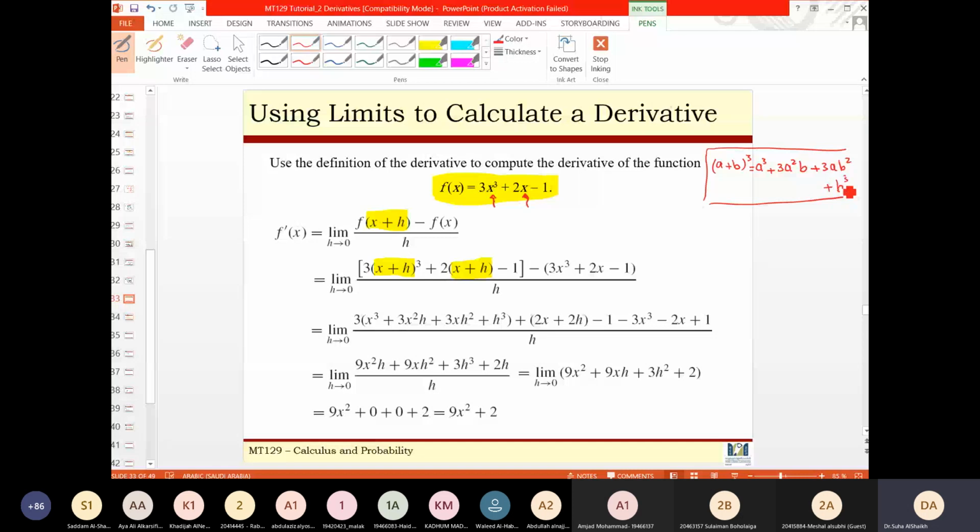You know this rule? I'm raising to a power 3 now, not a power 2. It's the cube of the first, the cube of the second, 3 times the square of the first times the second, 3 times the first times the square of the second.